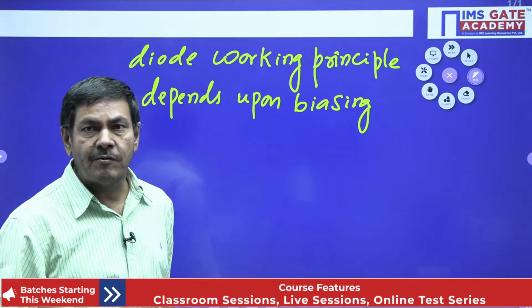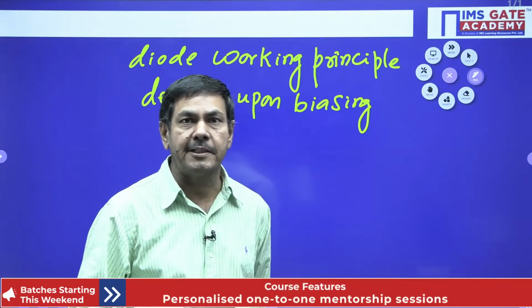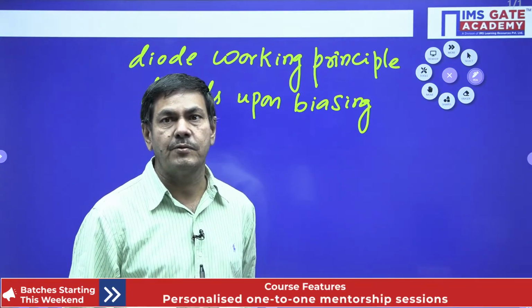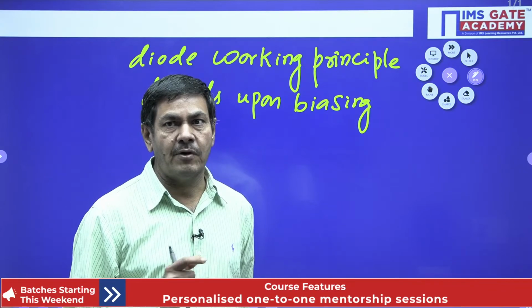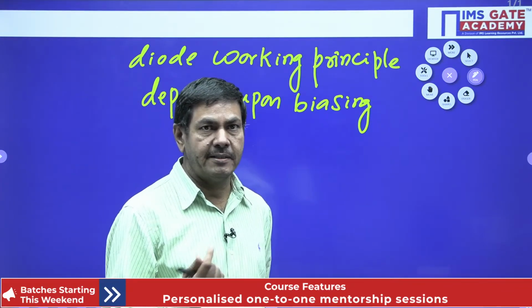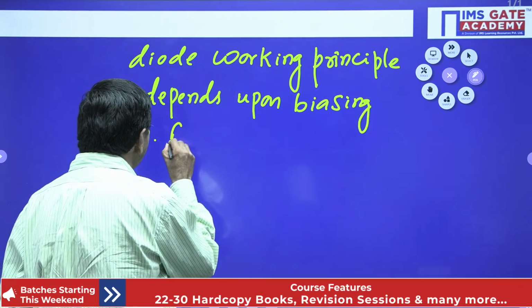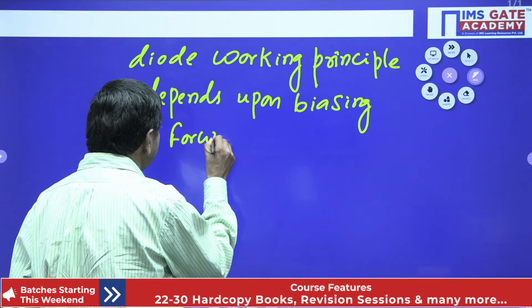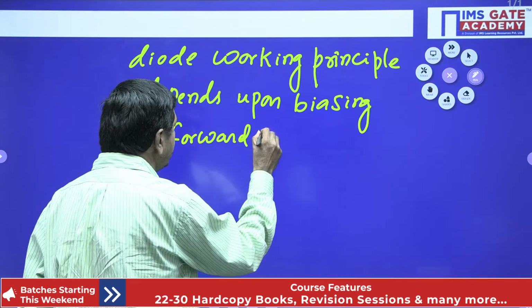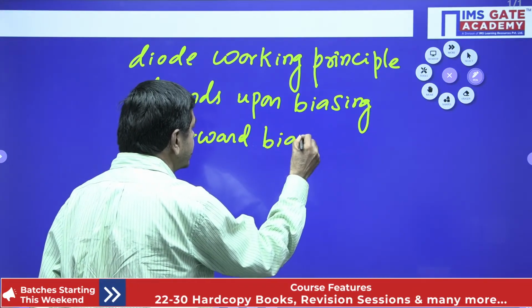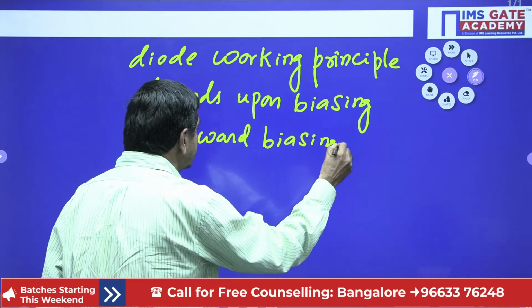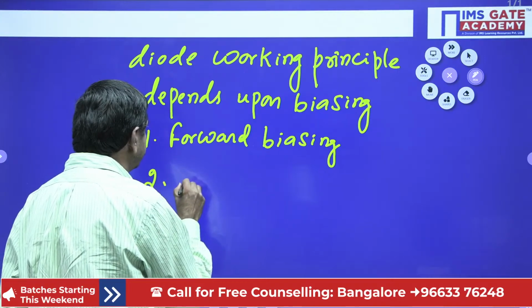How many types of biasing are used in practical applications? Two types of biasing, as you know very well. One is forward biasing, the second one is reverse biasing.